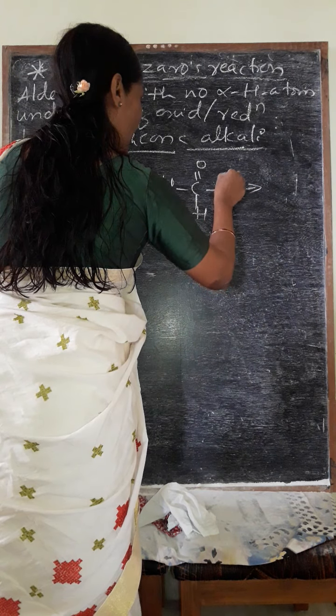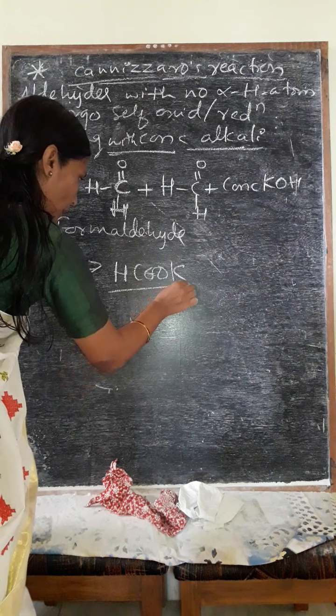Now, if formaldehyde is oxidized, it gives formic acid, and with K present, formate. Hence it is HCOOK, potassium formate.